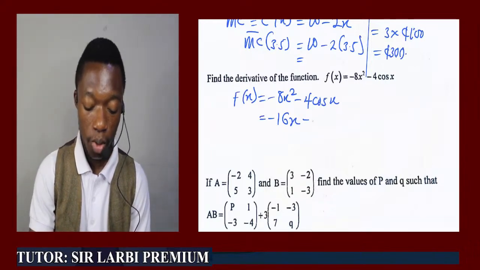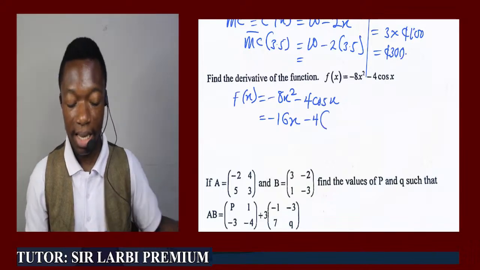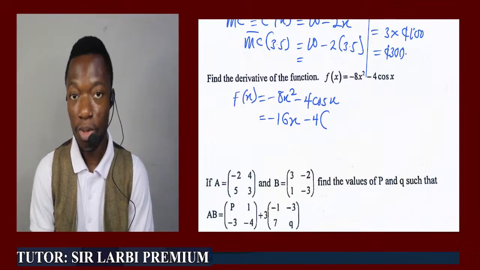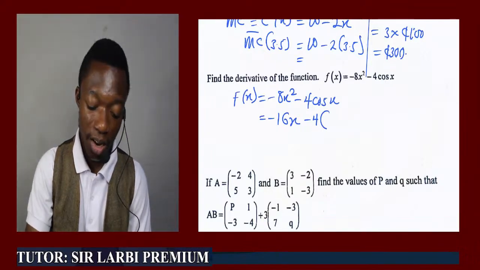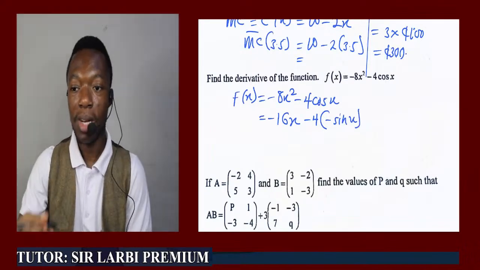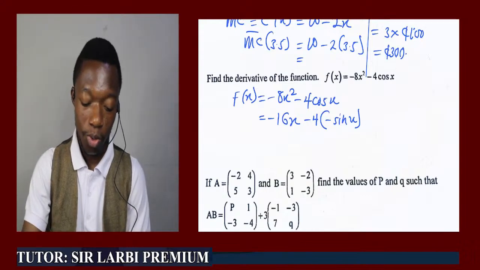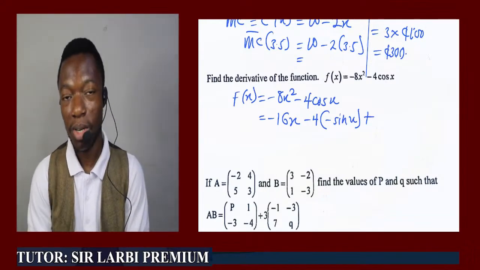I'll first hold negative 4 and differentiate cos x. Differential of cos x gives us negative sine x. But because this is a product of two functions, at the end of the day you're supposed to bring in addition.